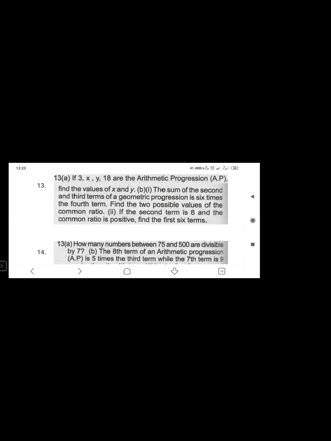So how many numbers between 75 and 500 are divisible by 7? Any idea? So how do you do this?